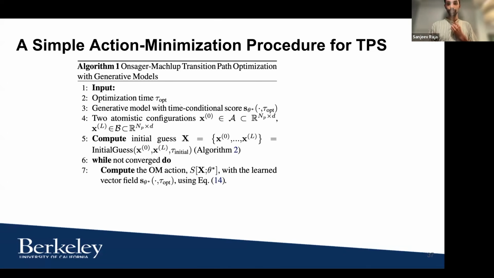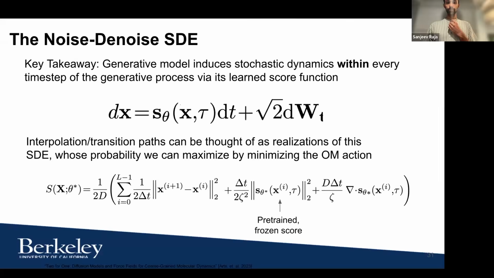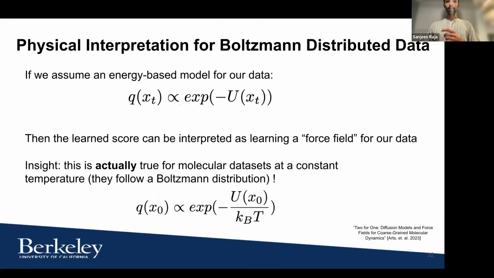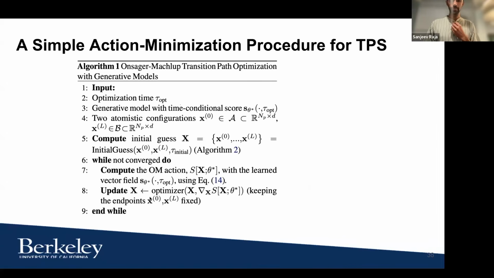Then essentially you just do gradient descent. You compute the OM action using the learned vector field, using that equation over here that I showed, this one right here. Once you compute the action, you optimize it using gradient descent, sometimes with momentum, sometimes not.